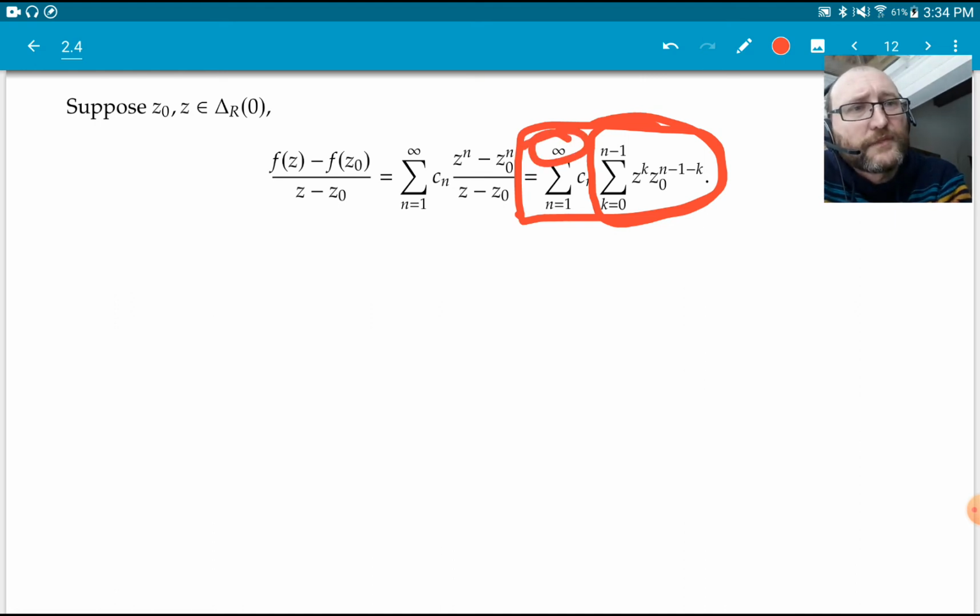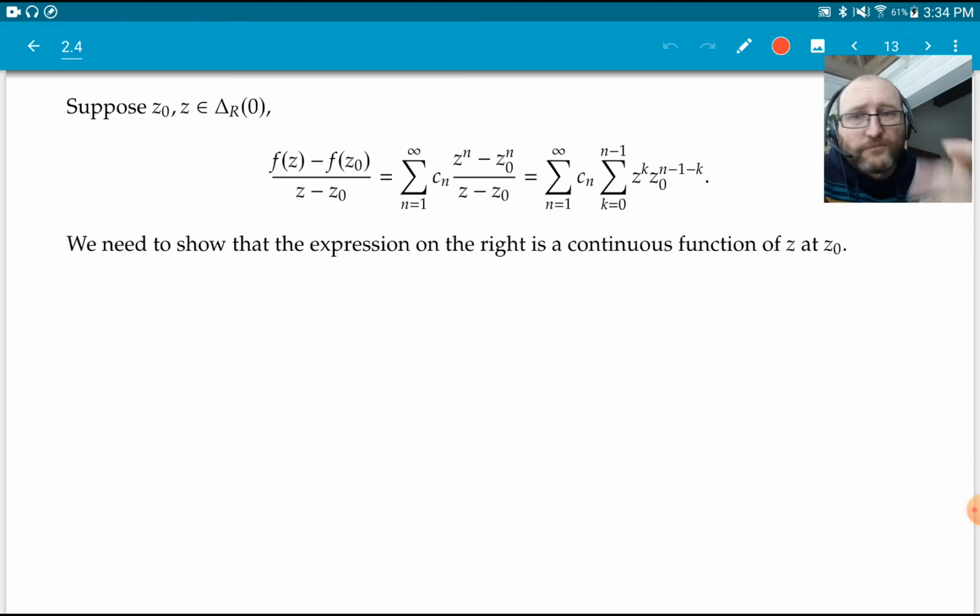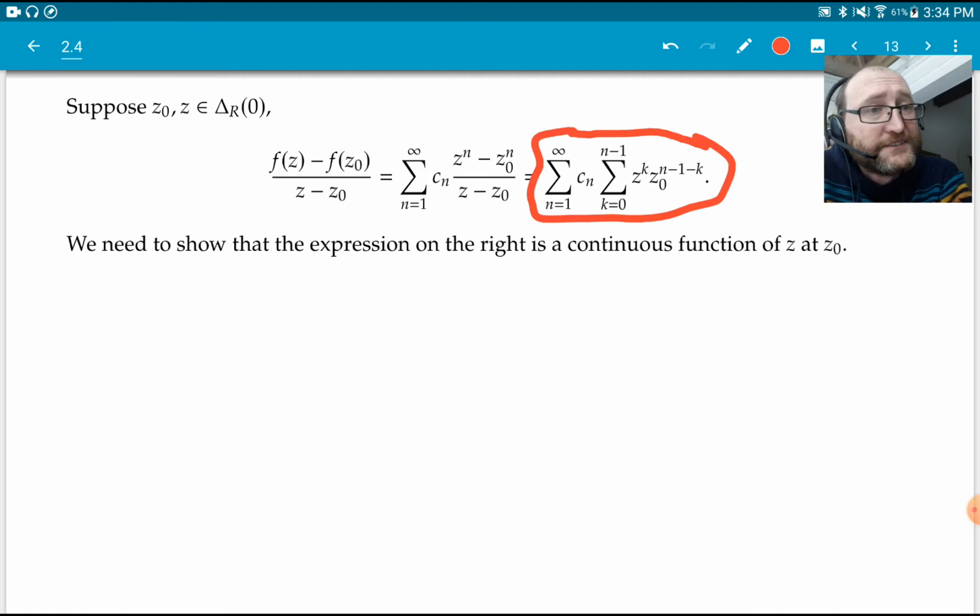So what we need to do is to show that the limit goes in. One way to do that is, the partial sums of these are continuous functions. Those are just polynomials, because the z minus z naught just divides out. So the partial sums are polynomials, and they're continuous.